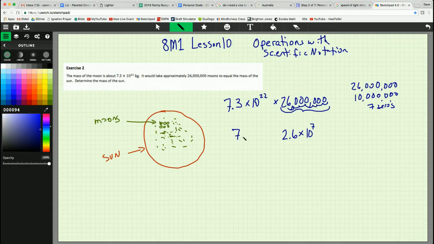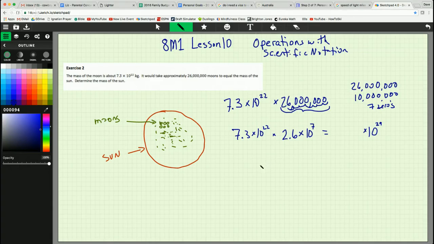And so we need 7.3 times 10 to the 22nd. And so now we can figure out what the mass of the sun is. It's 2.6 times 10 to the 7th moons. So we know how to do the second part. We know this is going to be 10 to the 29th.